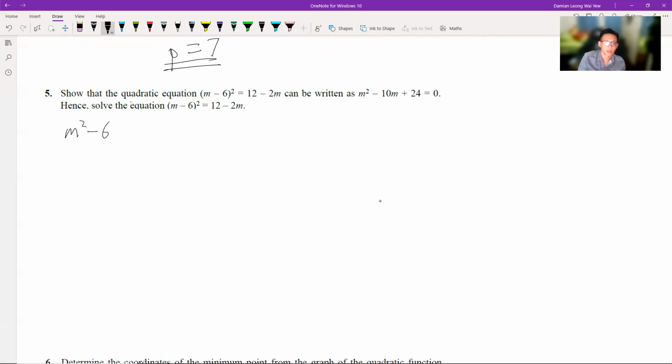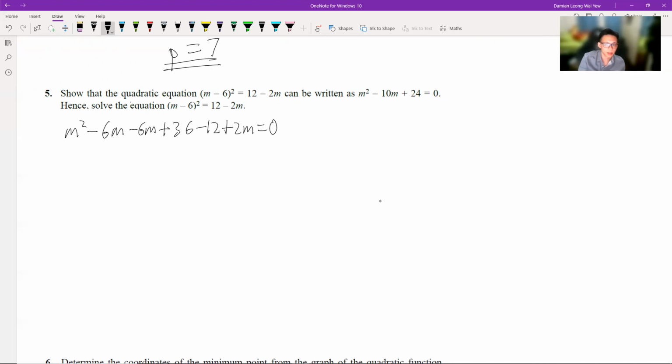M times negative 6, minus 6m. Negative 6 times m, minus 6m. Negative 6 times negative 6, plus 36. Bring over the 12, minus 12, minus 2m, opposite plus 2m, equals 0.